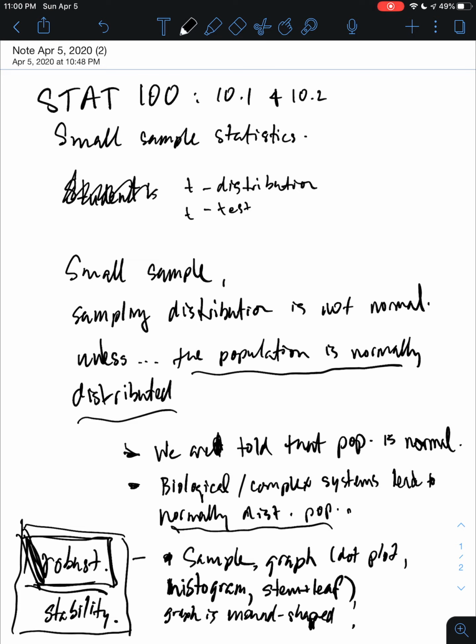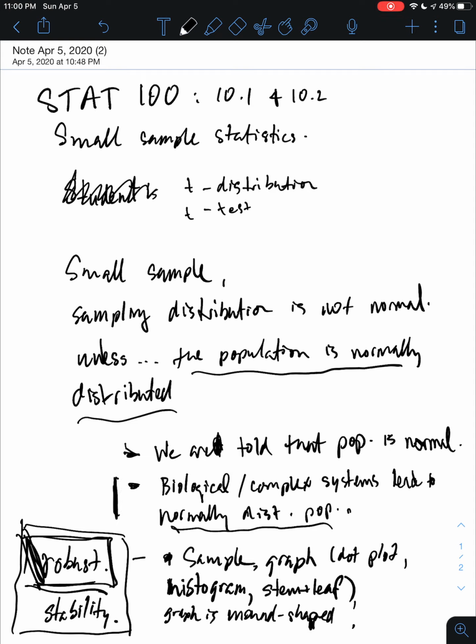Given the robustness of the t-test, it doesn't matter if we depart somewhat from normal distribution in the population. And so, graphing our sample and showing that it's mound-shaped and roughly normally distributed gives us enough evidence to proceed with our t-test. But best if we have something a little stronger.